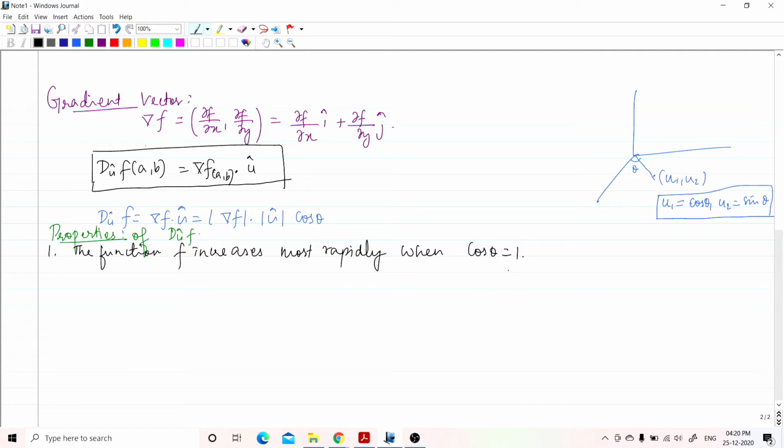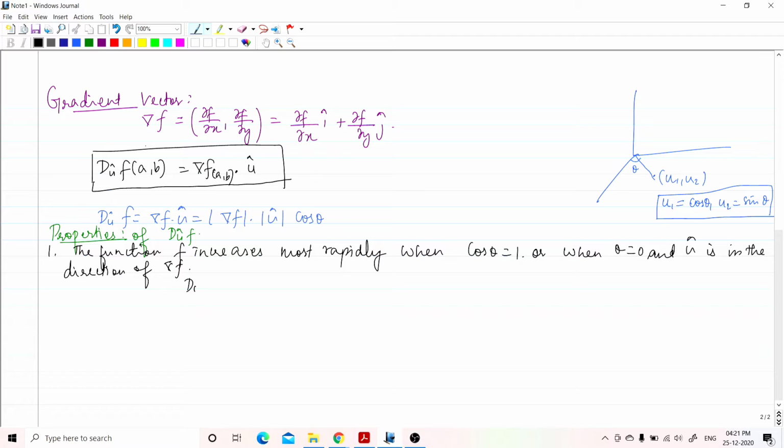When can your cos theta be 1, guys? Cos 0, sir. So that is cos 0. This tells you that theta equals 0 and u is in the direction of del f.